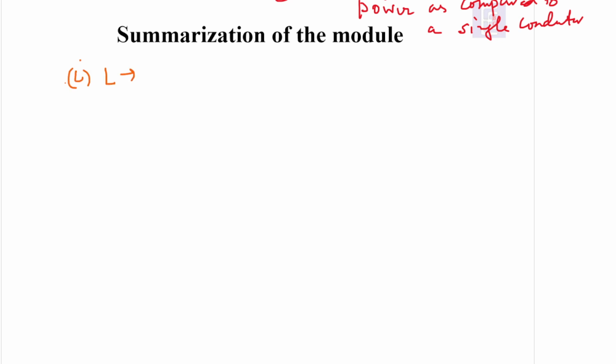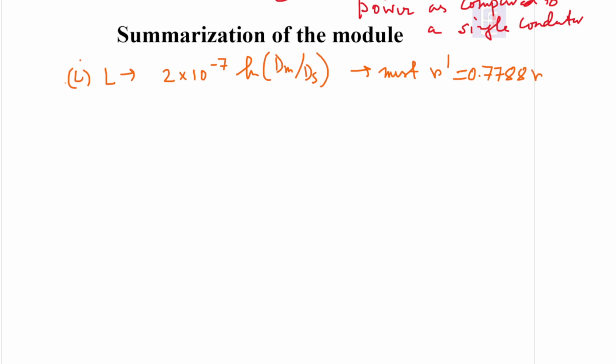There we have seen inductance is evaluated as 2 into 10 to the power minus 7 ln Dm over Ds, where in case of inductance calculation you should always use R dash, which is equal to 0.7788 into R.